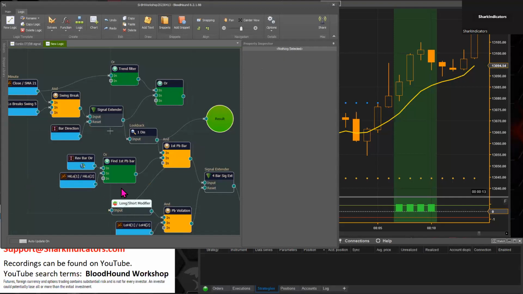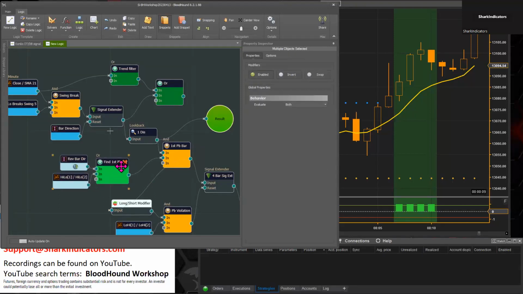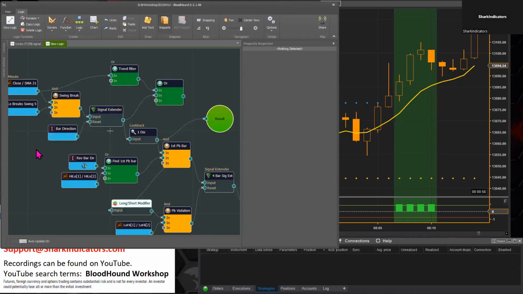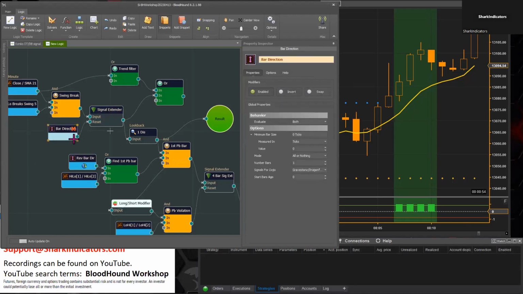All right. So essentially we're using the reverse logic here to identify the first pullback as what we're using to reset this signal extender.